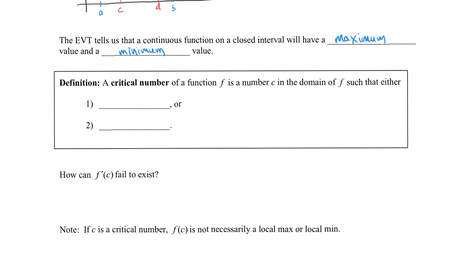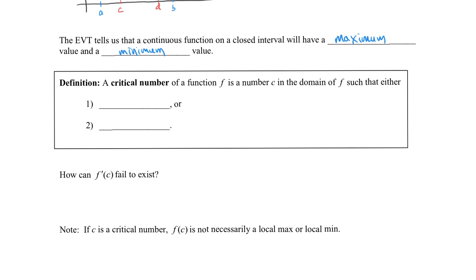First up, we have to define something called a critical number. So a critical number of a function is a number c in the domain of f such that either f prime of c equals 0 or f prime of c does not exist.